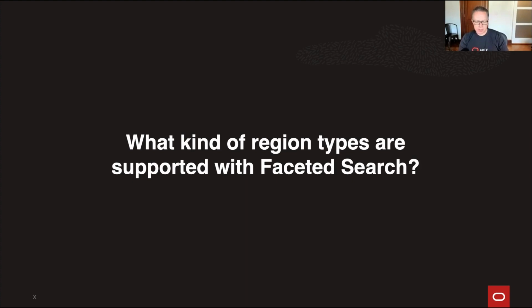Another frequent question was around the region types supported by faceted search and smart filters, specifically whether interactive grids and interactive reports are supported, and they are not. They have their own set of filters and options. So it's a classic report, it's cards, it's calendars, maps, but not interactive reports or interactive grids.